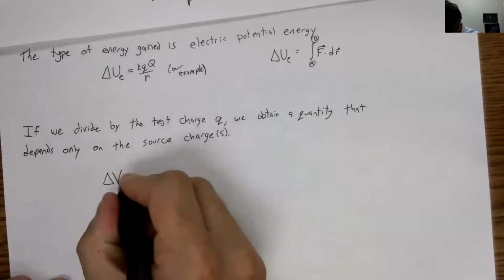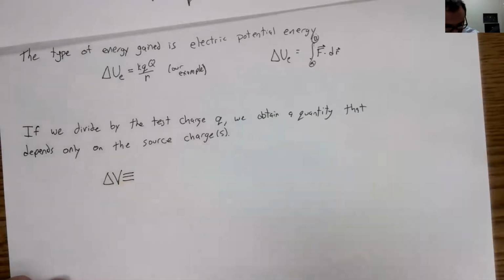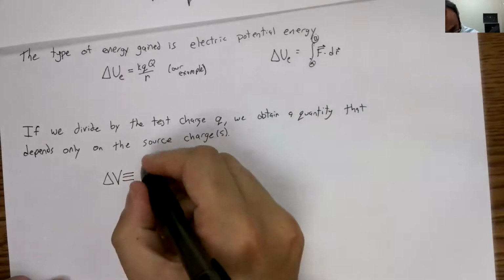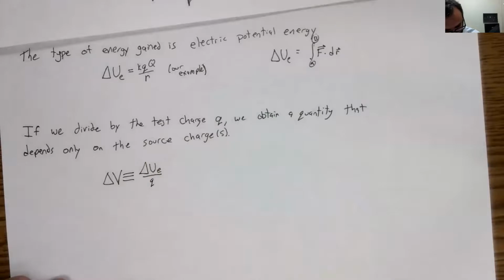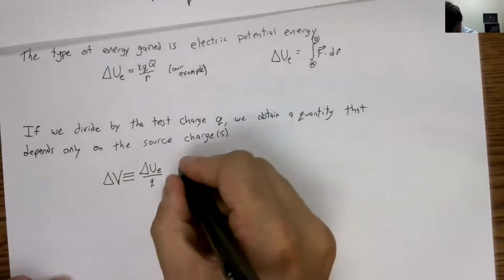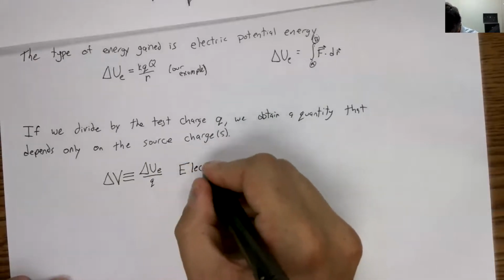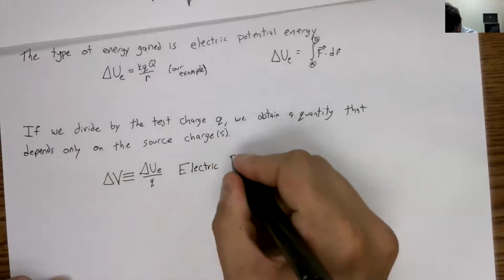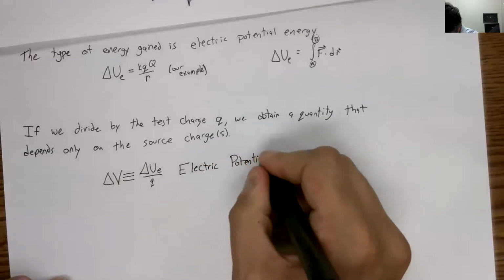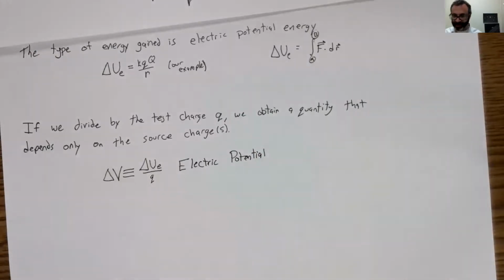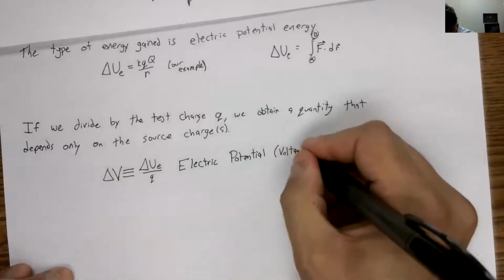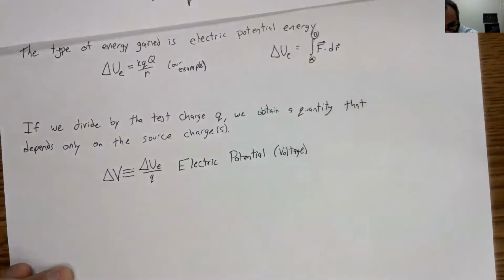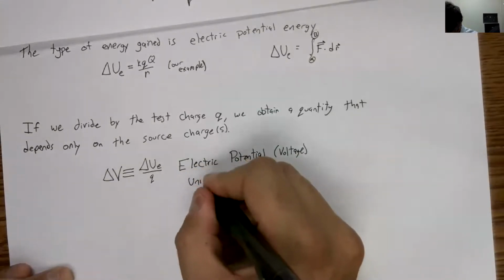The symbol we use is capital V, the electric potential or voltage. And that's just our electric potential energy divided by our test charge. This is called electric potential. So potential and potential energy are different things, right? Sometimes this is called voltage.